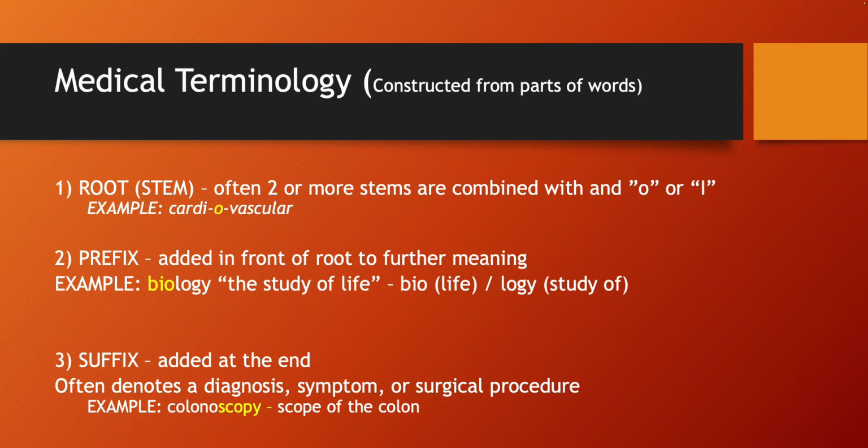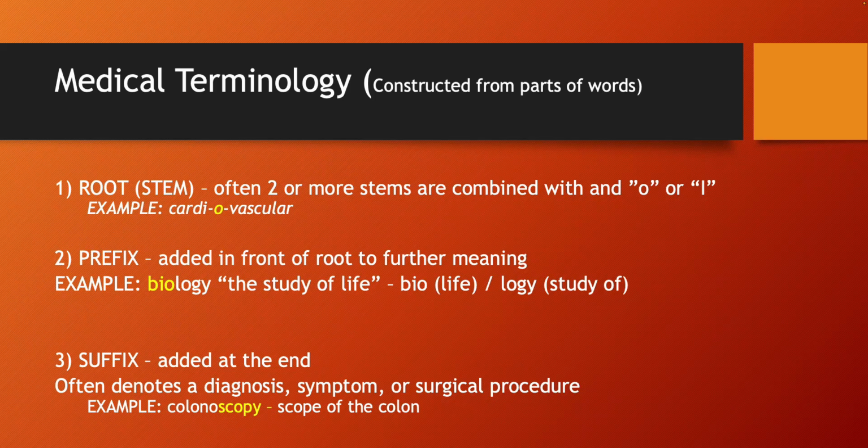Root or stem, think of that as the beginning, the thing binding them together. Often two or more stems are combined with an O or an I to combine the two words. In my example, I have the word cardiovascular. The root or the stem is the one combining the front and the last word.